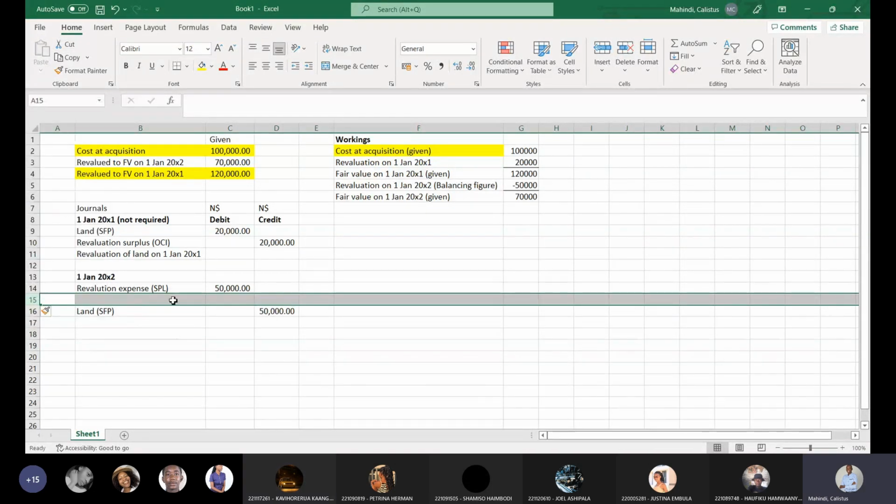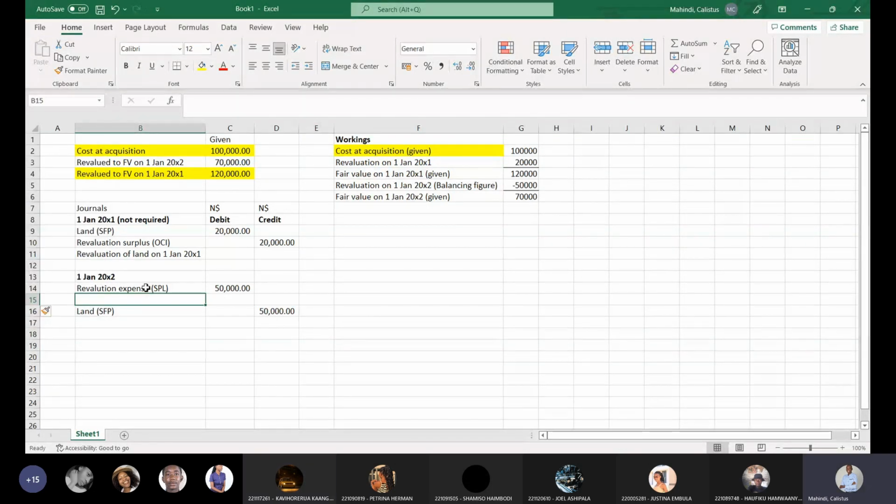The revaluation expense journal was initially correct, where the amount was mentioned as 30,000. However, we're going to have another journal called a revaluation surplus of 20,000. So why is it done in this way?